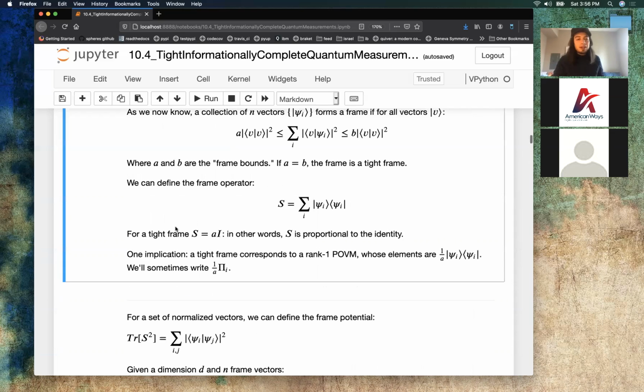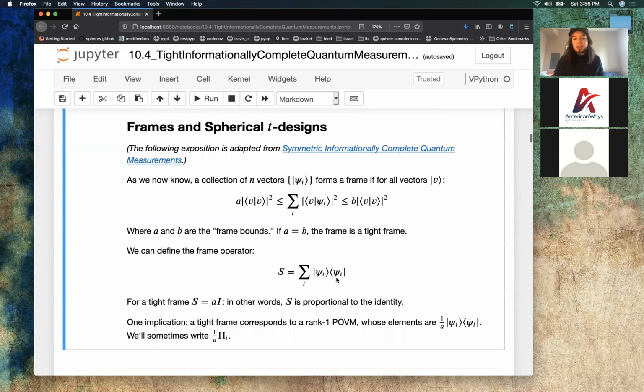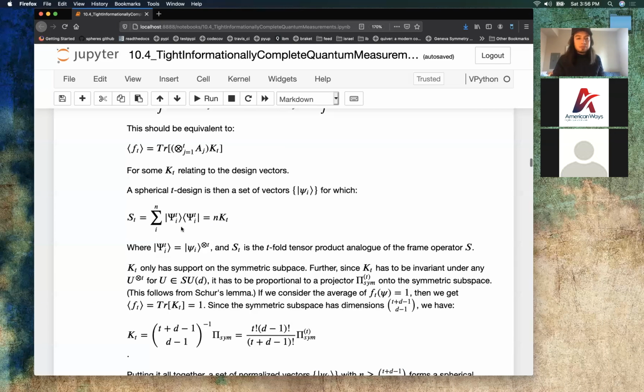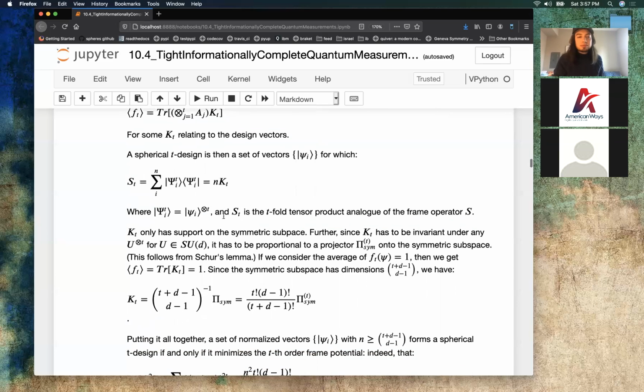Up here, the frame operator was defined as just this. But now, instead of psi and psi, what if it's psi tensor psi and psi tensor psi, being the ket and the bra. So we sum over those, and that's going to be equal to n times K.